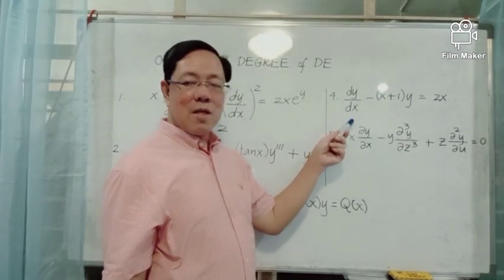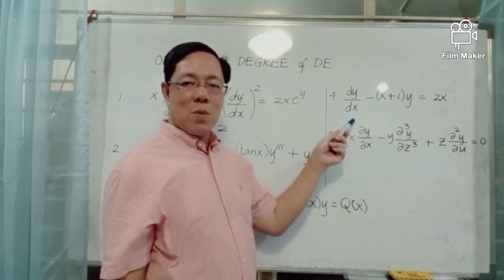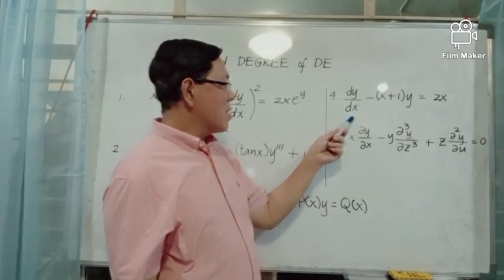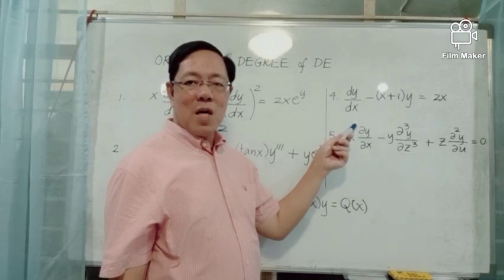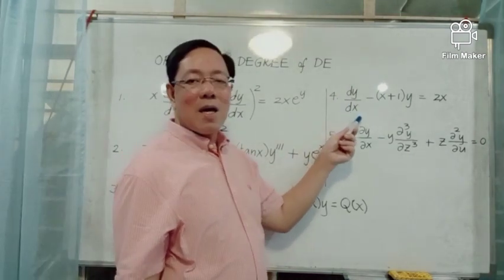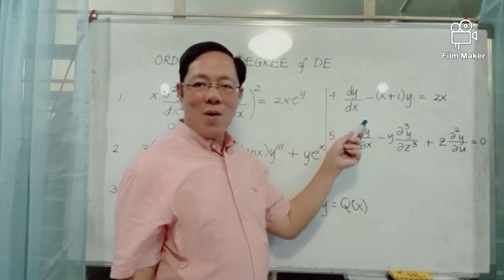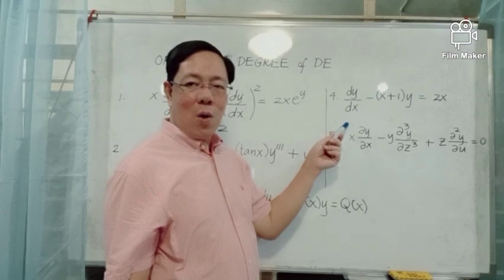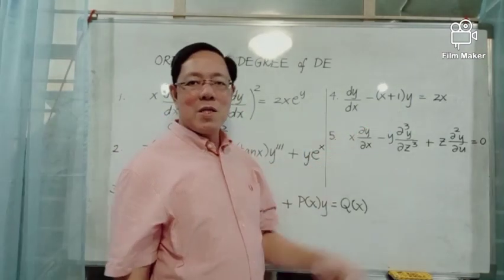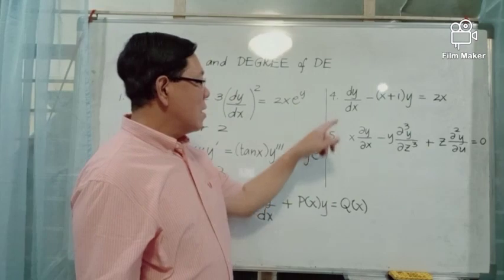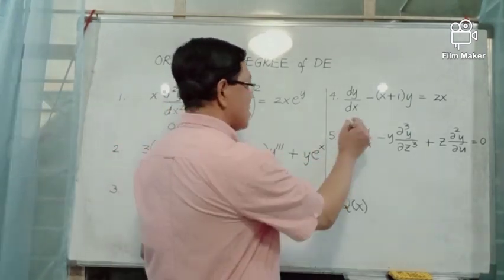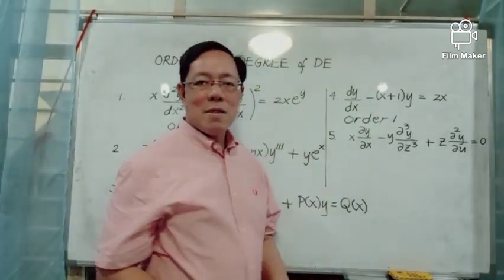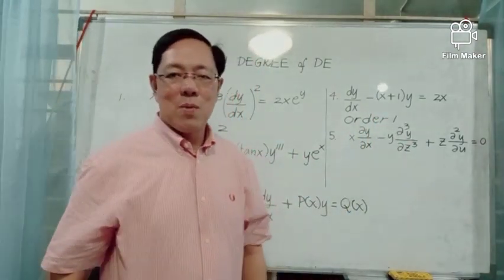So this equation is a differential equation of order 1, and it is a linear differential equation in y. And because it contains an ordinary derivative of y with respect to x, this is an ordinary differential equation. This is a first order linear ordinary differential equation. The differential equation in example 4 has order 1.